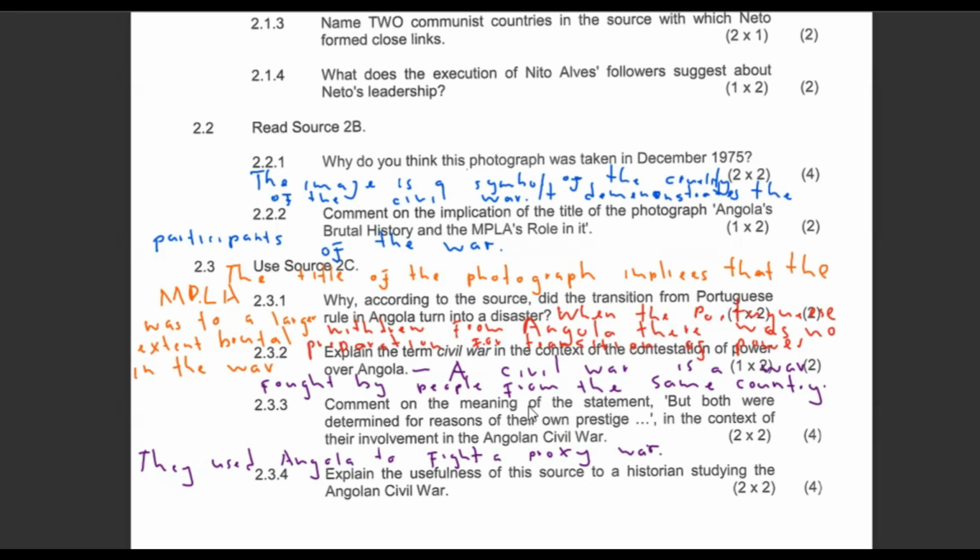So the USSR and the USA used Angola to fight a proxy war. In addition to that, they were determined to spread communism and capitalism. They were determined to spread their ideologies.